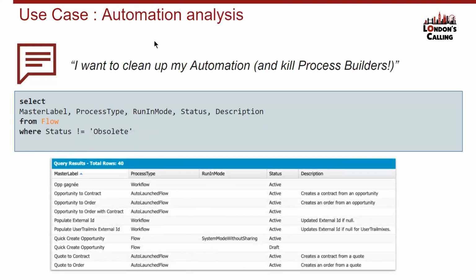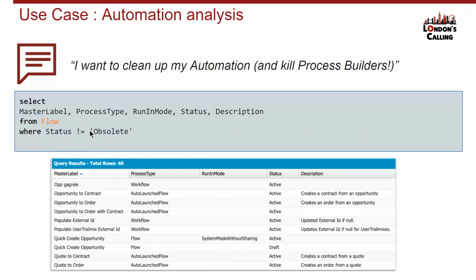This one is more used by people that want to check if they still have some flows that are obsolete. It means the workflow or the flow has a new version. So if you have a flow with the status of obsolete, it means the flow has a new version, and you could remove this old version of the flow. Nobody is using it anymore.